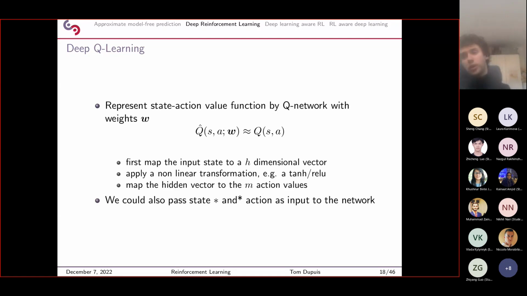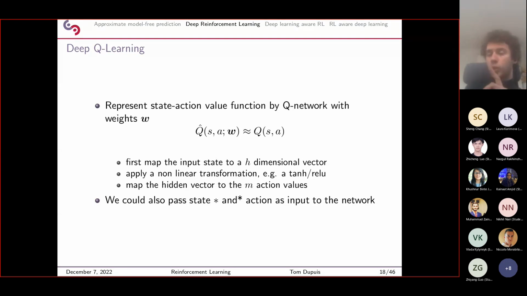So there are two possibilities. Either you only process the states and then you have n outputs to your neural network, one output for each action.